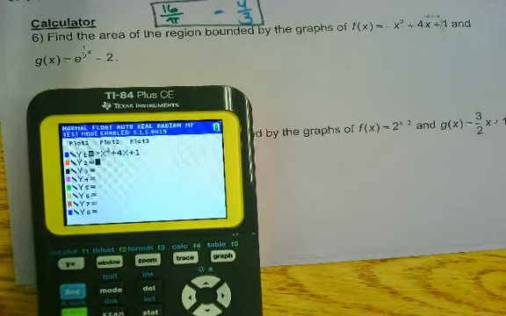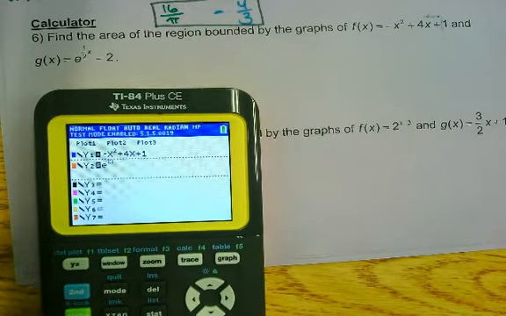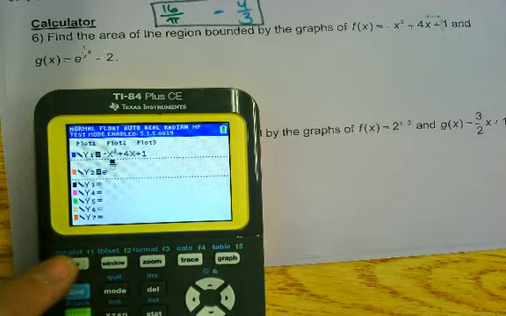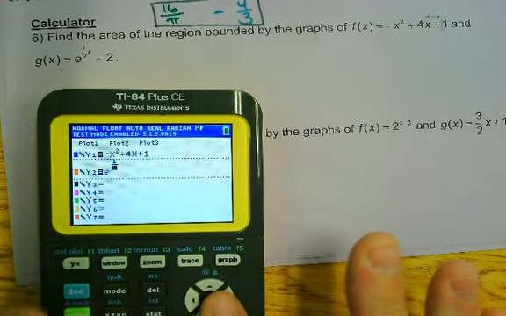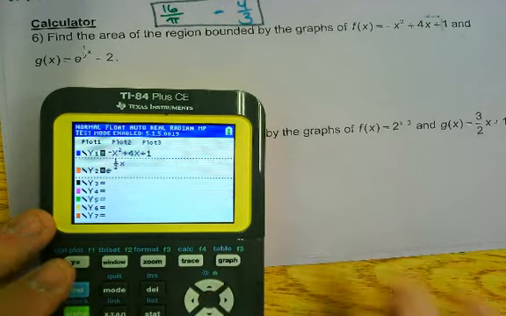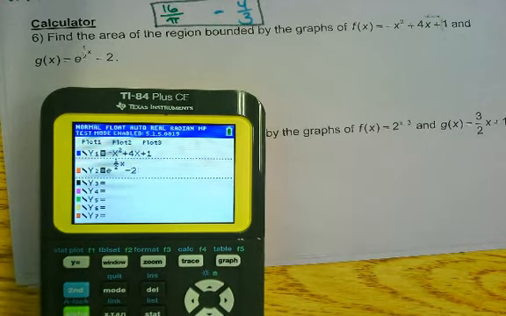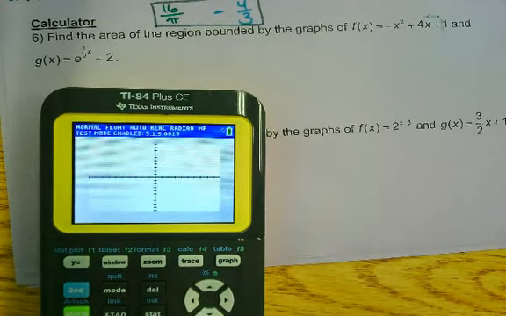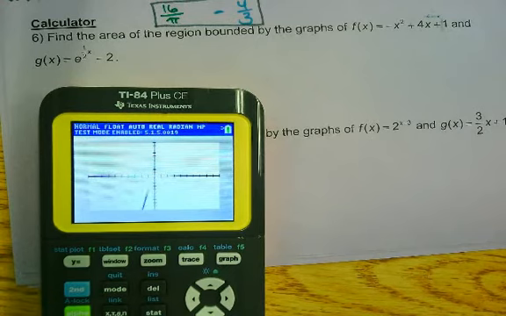And for the next one, it's going to be e to the 1/2 x minus 2. Are we ready for me to graph these? I'm just going to do zoom 6 because that would be the standard. And we'll just figure it out from there if that's a good enough picture or not. I think this picture will be good.